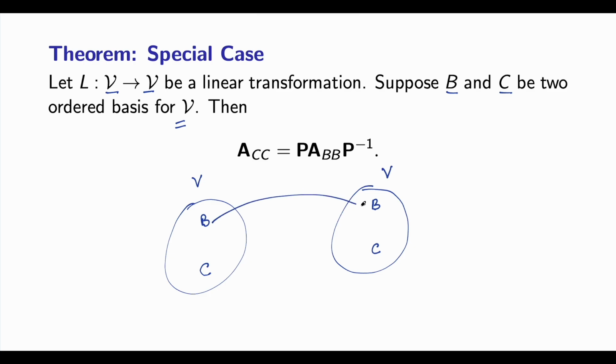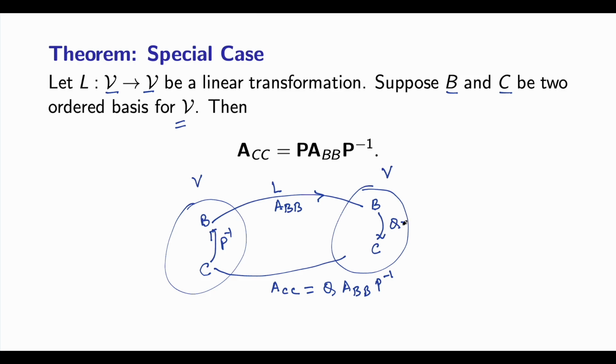So here what happened is B and C, B and C. From here to here, L is a linear transformation. So A_BB you will get, and from here to here you will get Q, and from here to here you will get P inverse, right? And then from here to here you will get A_CC. So A_CC can be written as Q, A_BB, and P inverse.